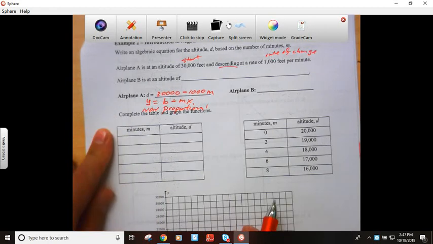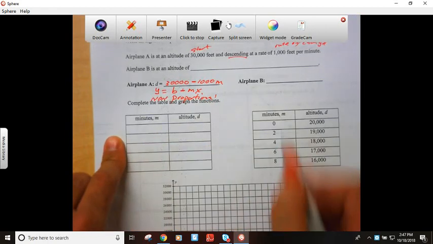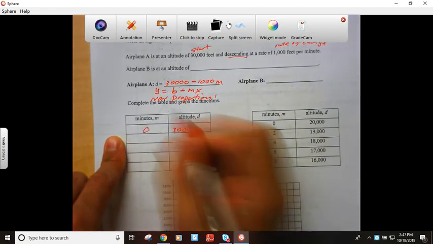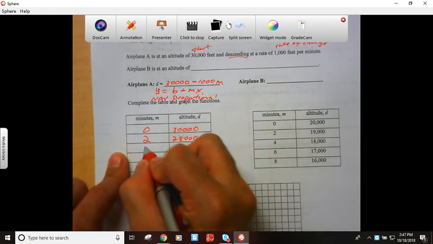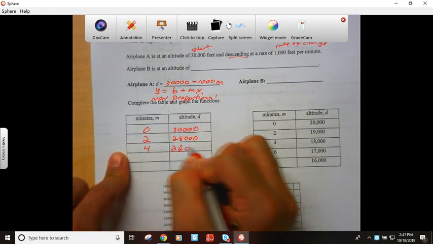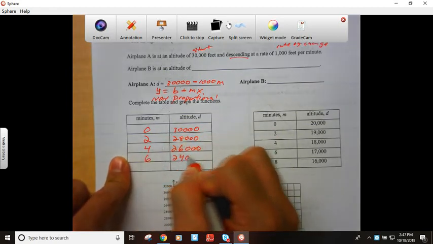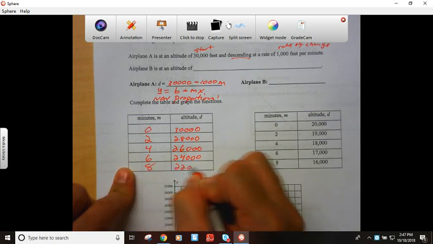So let's look at the data. Fill in your data. So our data for 0 minutes is 30,000. In 2 minutes, it's 28,000. In 4 minutes, it's 26,000. 6 minutes, it's going to be 24,000. And in 8 minutes, it's going to be 22,000.